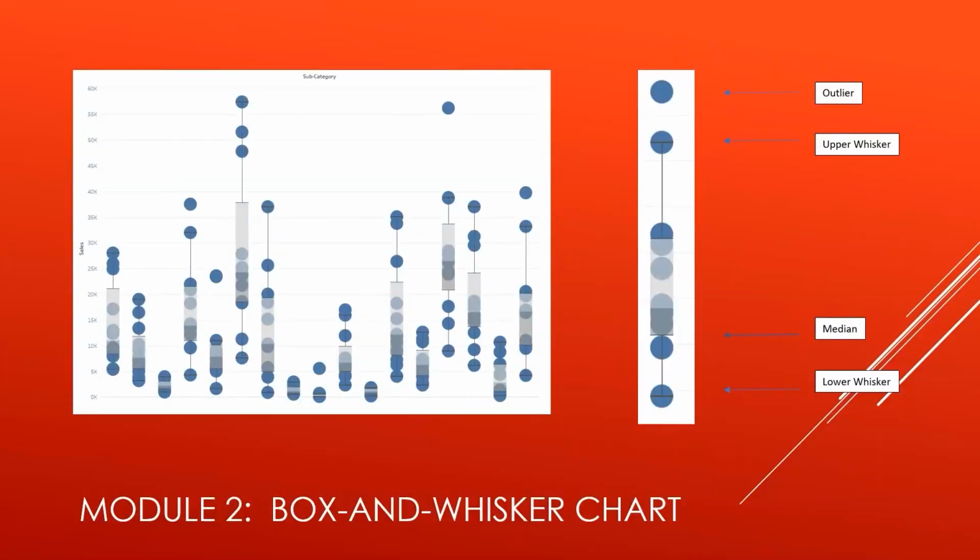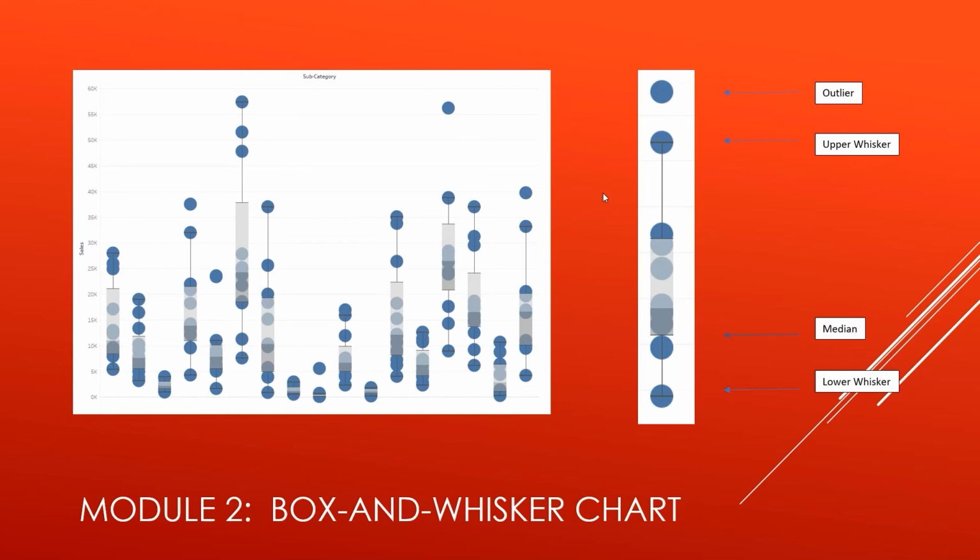The next type of viz that we're going to do is a box and whisker chart, also known as a box plot. And we are going to first review what it will look like. So on the left side of this slide, you have a full box plot. And then I pulled out one section of it on the right side just to give you some information.